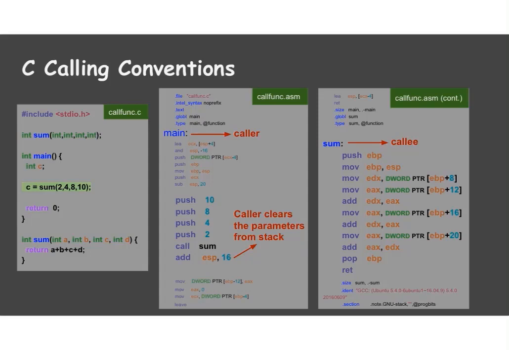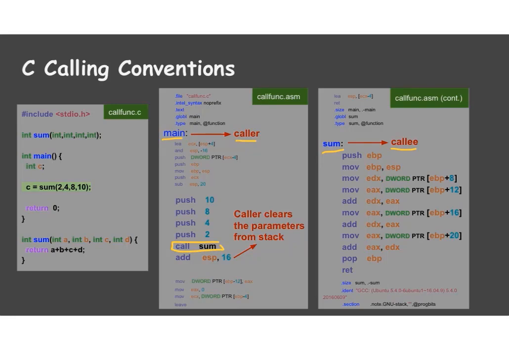To clarify, the main is our caller in here, and the sum, we call it the callee, something that we call upon. So here is our call function.